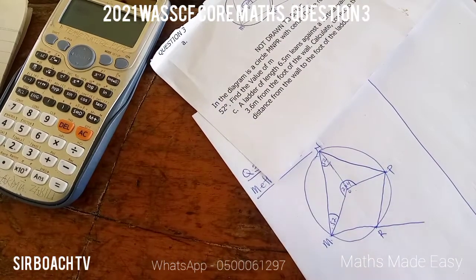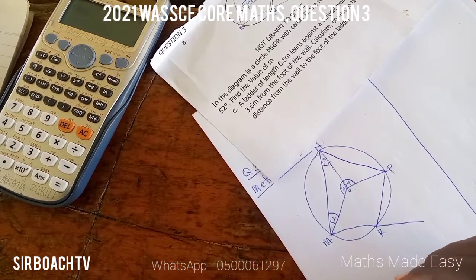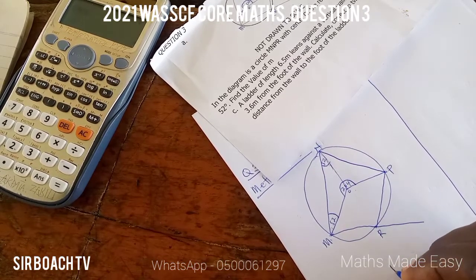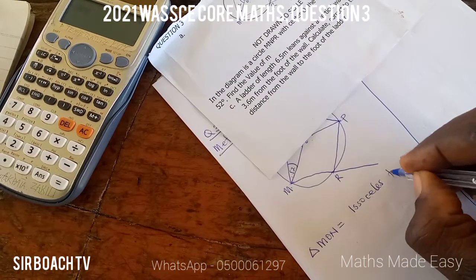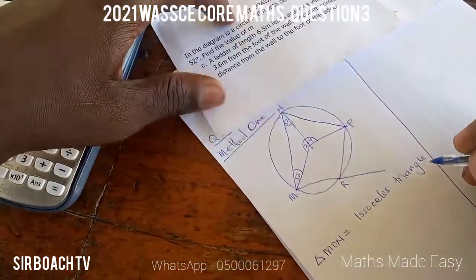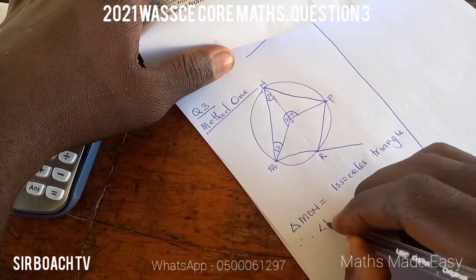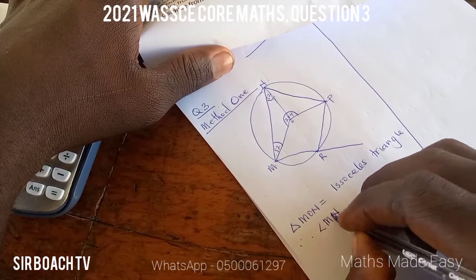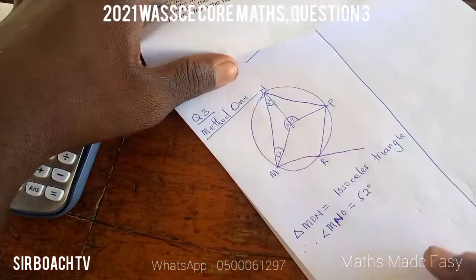So in writing form, triangle MON is an isosceles triangle. Therefore, angle MNO is also equal to 52 degrees. Why is that?